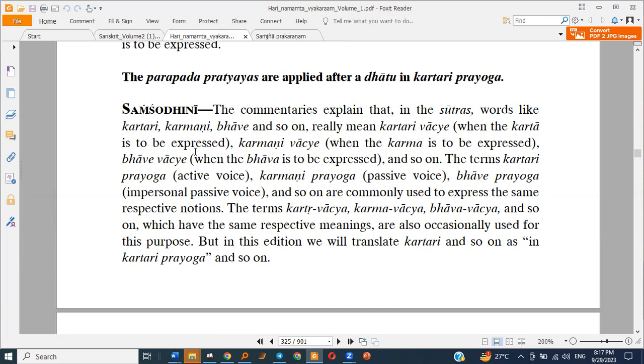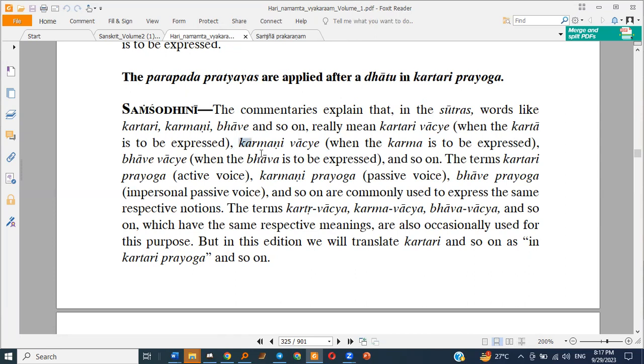The English translation would be Rama is reading the book. Here, we are expressing the Karta as the main thing in comparison with the object, right? We are highlighting Rama. What is Rama doing? Rama is reading the book. So Rama is the primary and highlighted word, and book is secondary.